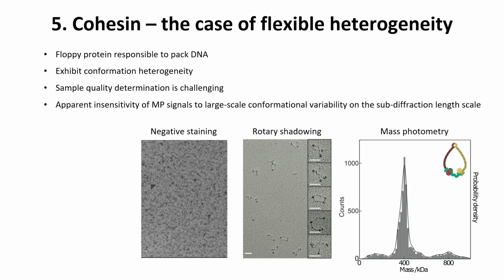The reason for that is the apparent insensitivity of mass photometry signals to large-scale conformations, meaning that at least the changes in the signal due to structural conformations are within the noise that we have in the measurement. So this is really nice, and it can help you with quantifying your sample when you have structural heterogeneities.